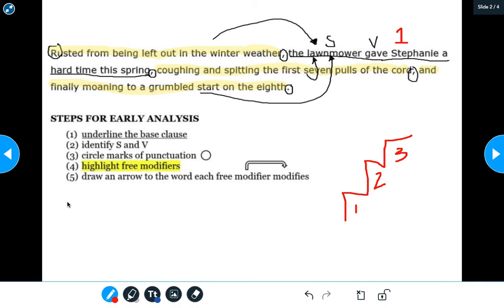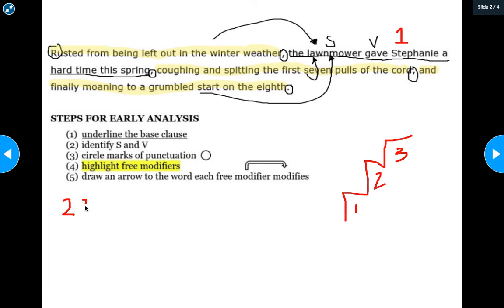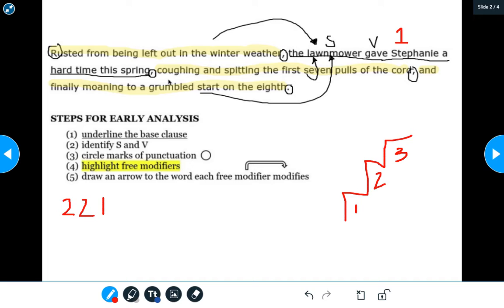By the way, our last sentence was a 2, 2, 1 pattern, just as a reminder. Now, "rested from being left out in the winter weather," obviously you can see that this arrow is going toward the lawnmower.